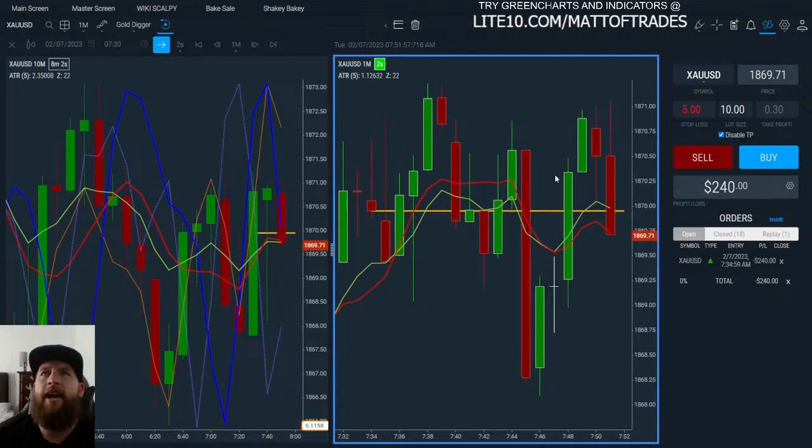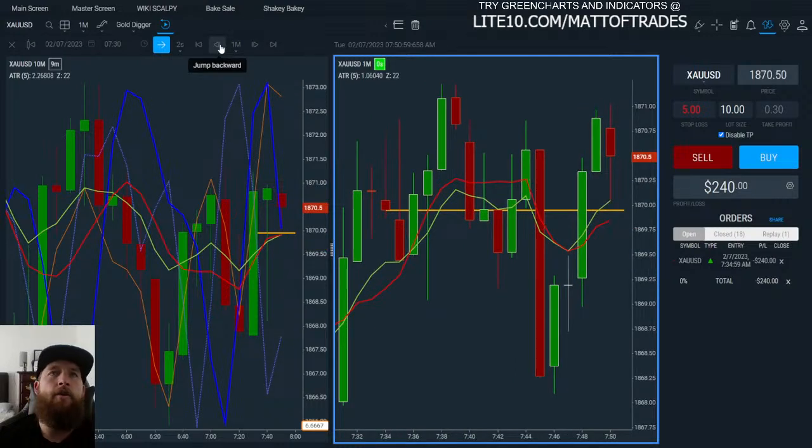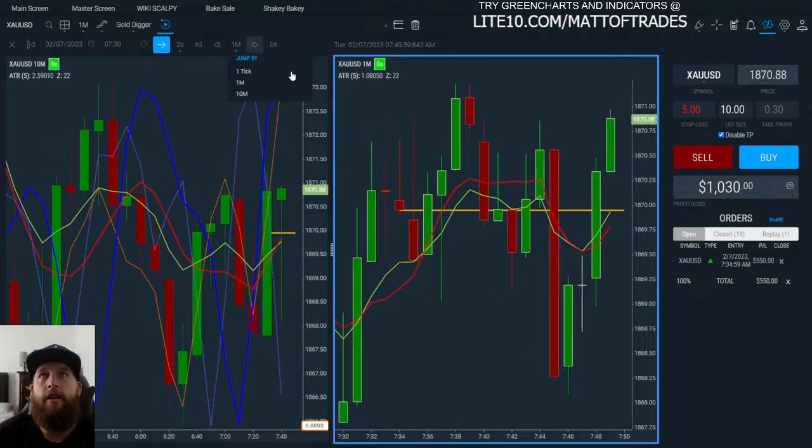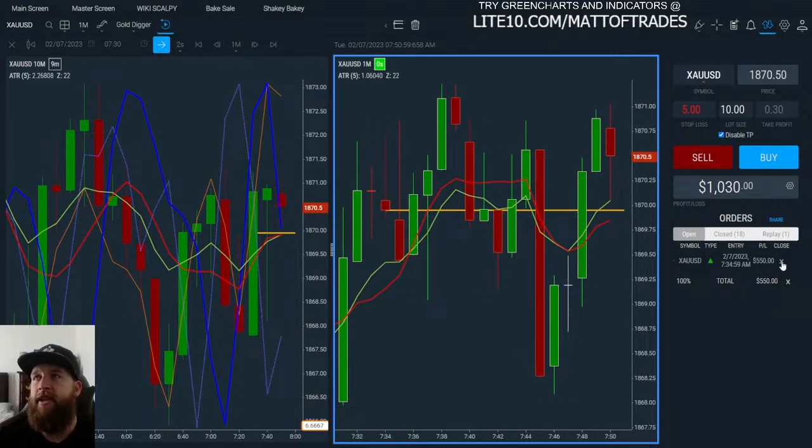Oh, I keep wanting to do little movements right here so I can close it out and profit. Which also, oh, actually, this is good. So we close it out right here based off of our TNT. So we actually do get to lock in this $550.